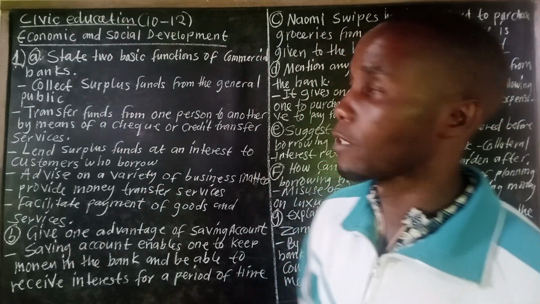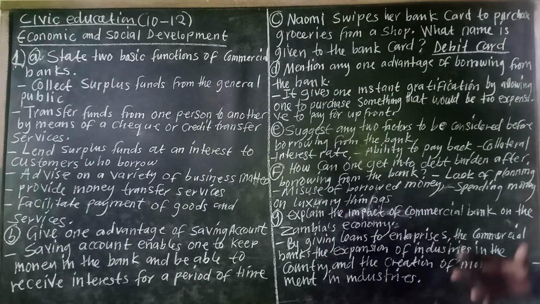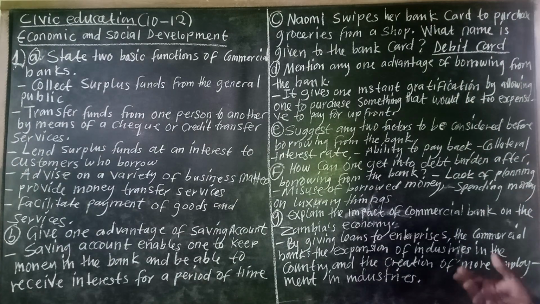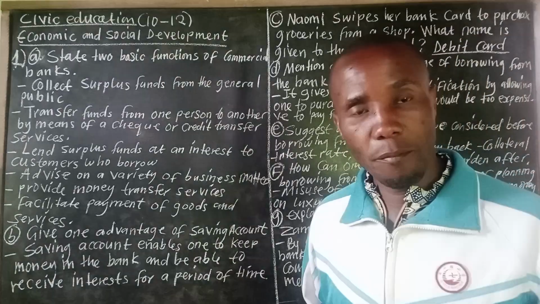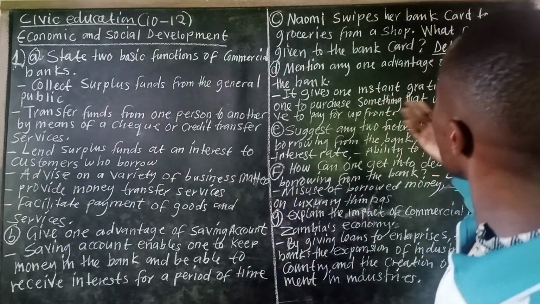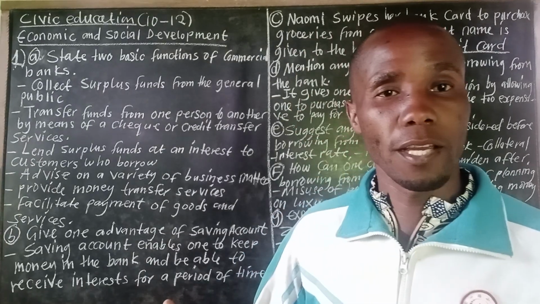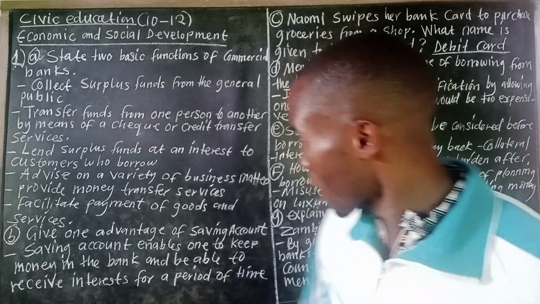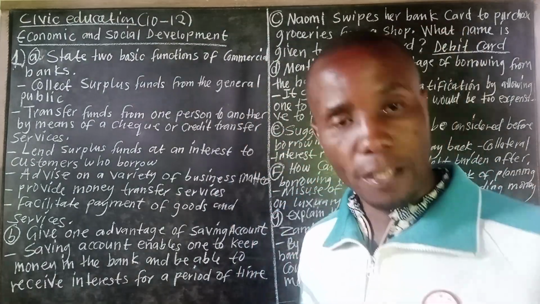Okay, then C, someone swipes a bank card to purchase groceries from a shop. What name is given to the bank card? According to the question, they are saying swipes a bank card. I'll give you a practical example of a shopping mall, just like I alluded to in the previous question.